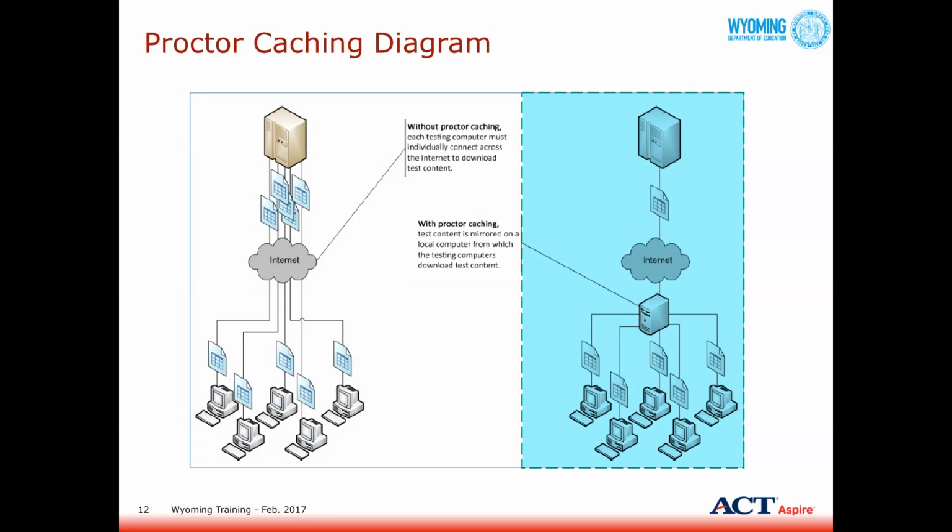So if the student devices are just sending requests for the test content to the proctor cache server on the intranet, it's much quicker to deliver that information. It's all encrypted, same security, and it helps for redundancy reasons as well.